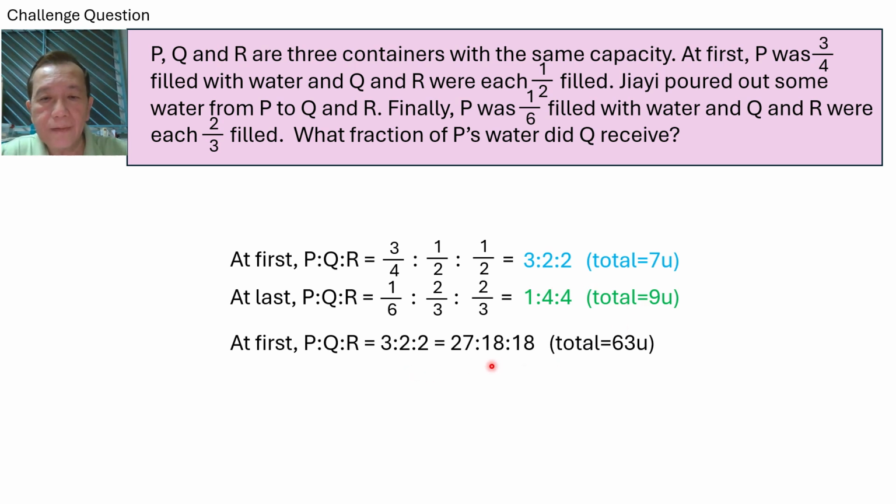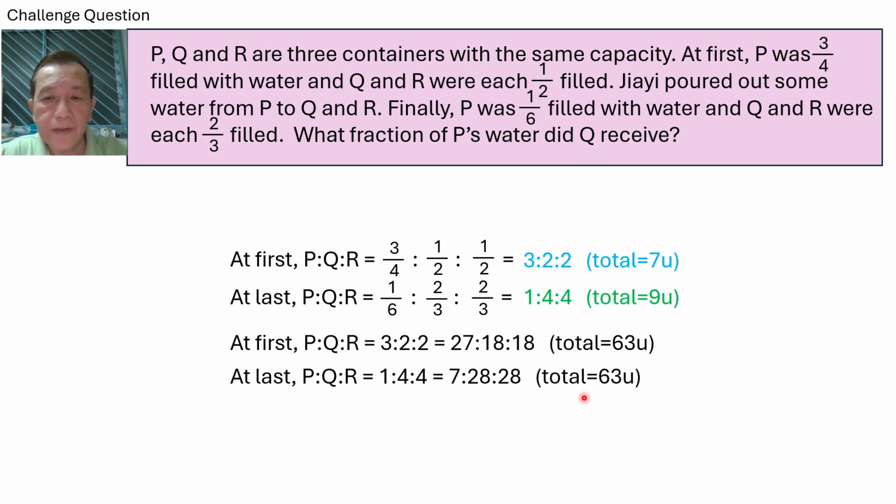We get 27 is to 18 is to 18. The total is 63U. The other ratio times 7. We get this, and the total is also 63U.